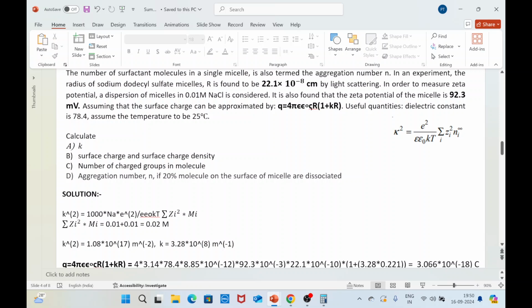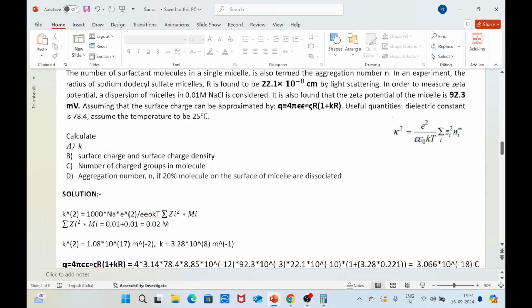Now, if that is the case, what will be the aggregation number, or how many surfactant molecules are going to be present in one single micelle? How do you calculate that? Any ideas on how to calculate the aggregation number?